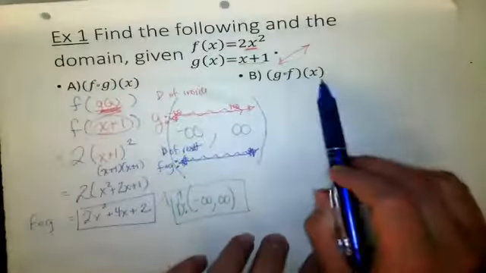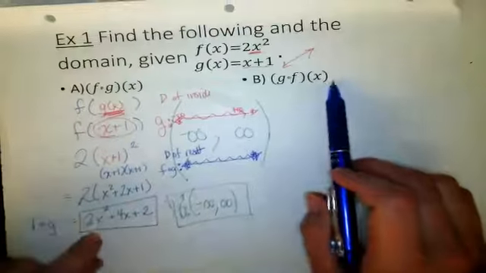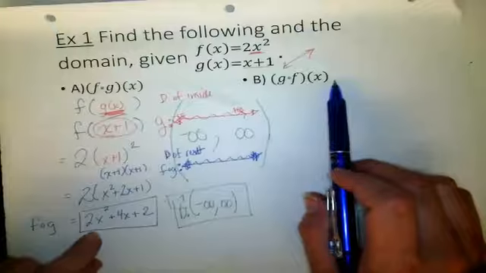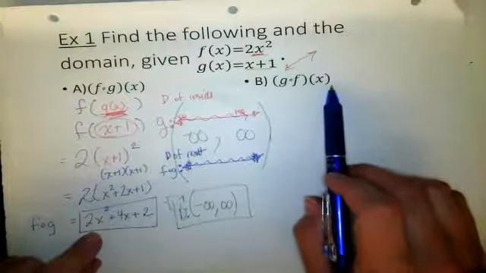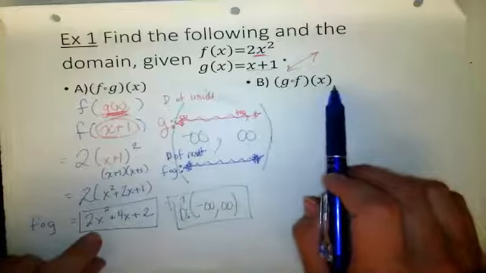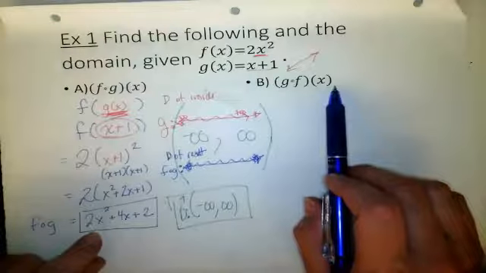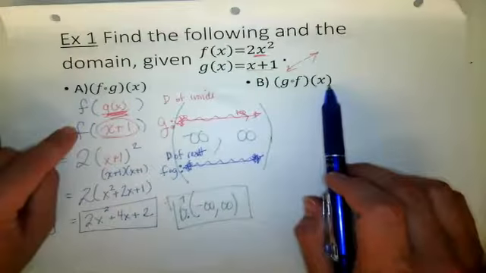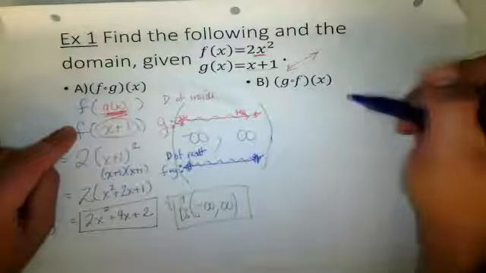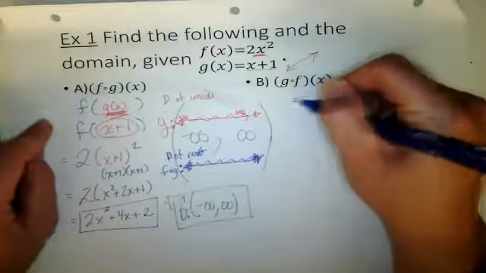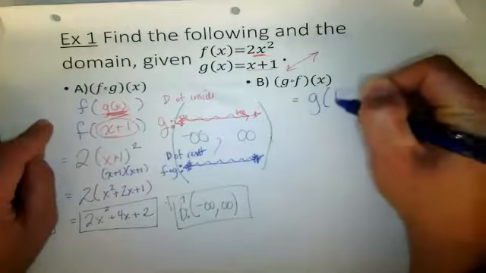All right, g of f of x. Do you think it's going to be the same? No. 99% of the time, it's not going to be the same. 4 plus 5 is the same as 5 plus 4, but this is not addition.